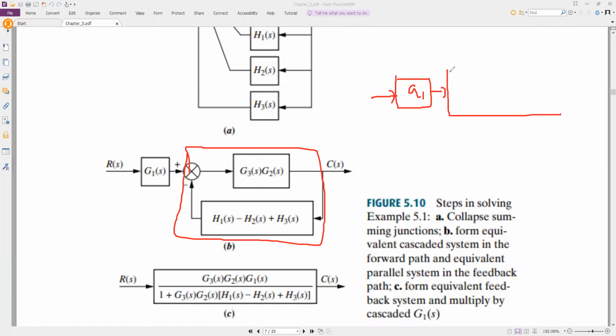Now what would be the equation for this? G3 into G2 here, 1. Since it is minus, it would be plus. G3, G2 into this one, H1 minus H2 plus H3. That would be the transfer function of this one. Now multiply G1. So G1 would come here.